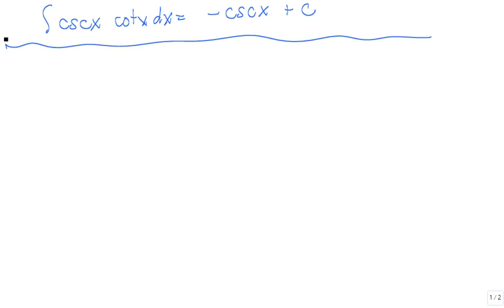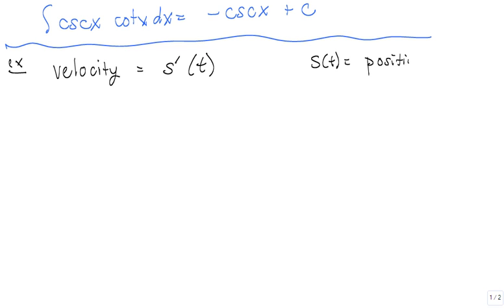And then let's go back and talk about a real-life example. We know velocity, or rate of change of distance over time, is s prime of t. S of t is position or distance. Well, let's say it's distance traveled in time t.